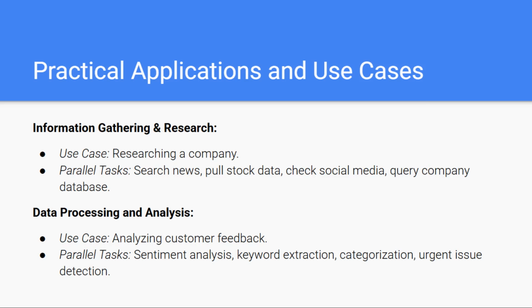And the fourth can be urgent issue identification, maybe identifying terms like bug or down or some other high priority terms. By running these tasks in parallel, the agent quickly processes the data through multiple analytical lenses. This provides a multifaceted analysis quickly, enabling faster decision making, such as immediately routing urgent issues while compiling general trends.